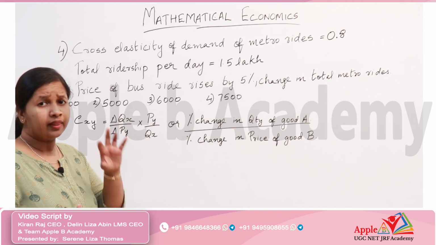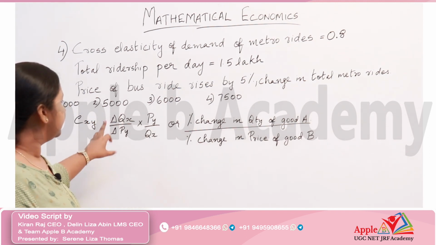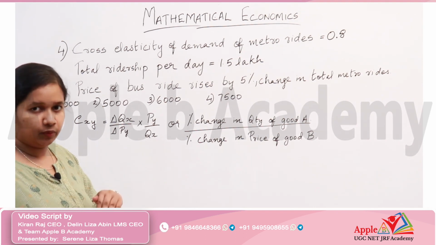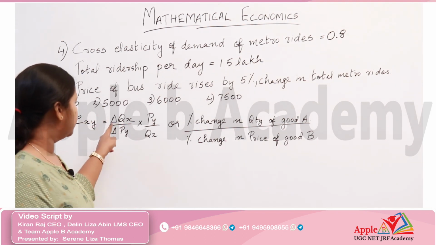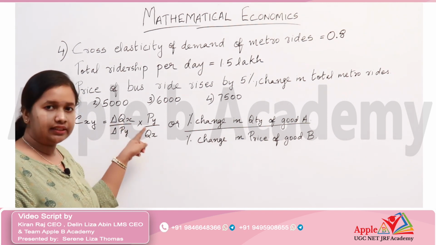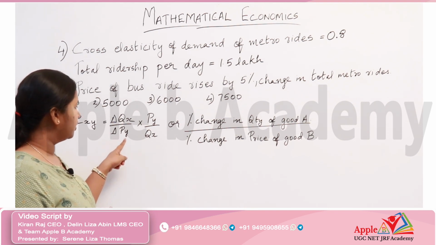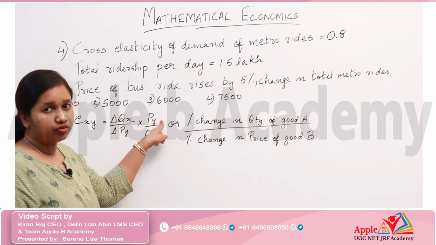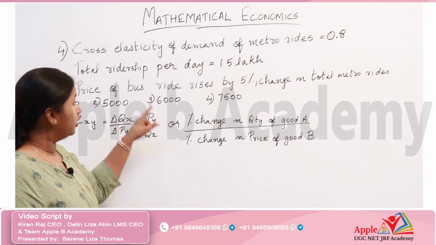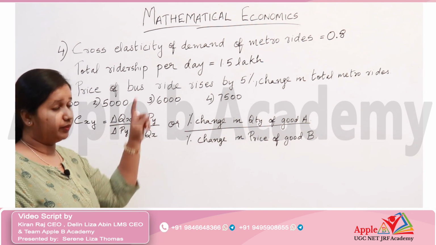So we know that the equation for cross price elasticity is delta Qx by delta Py into Py by Qx. Which is the change in the quantity demanded for metro rides by the change in the price of bus rides, into the price of the bus ride by the quantity demanded of the metro rides.